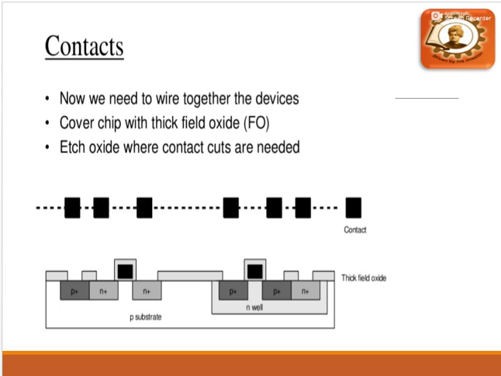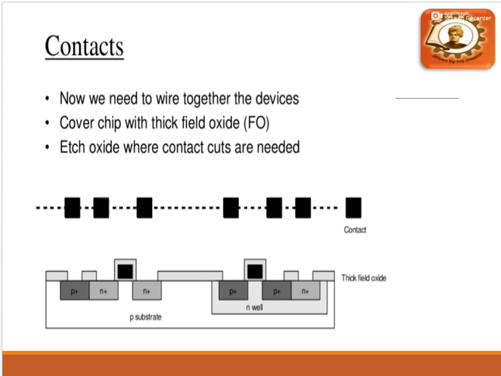So the next step is to make our contact. The contact pattern is transformed. Again the same process is used. First we do an oxidation process, field oxide FO, then the pattern is transformed where it is needed, and the oxide is etched by using acid.